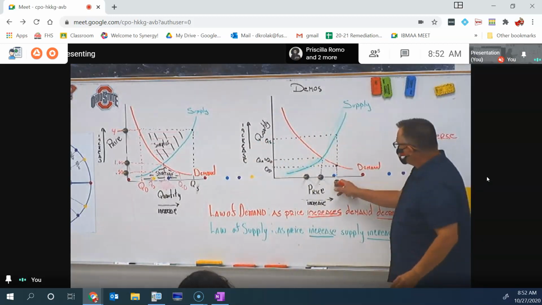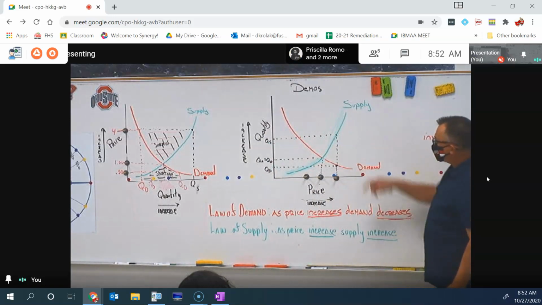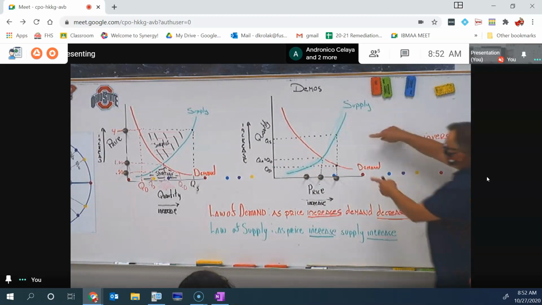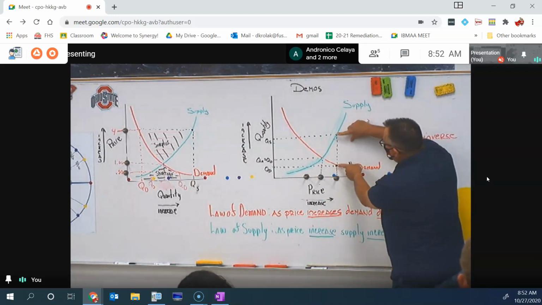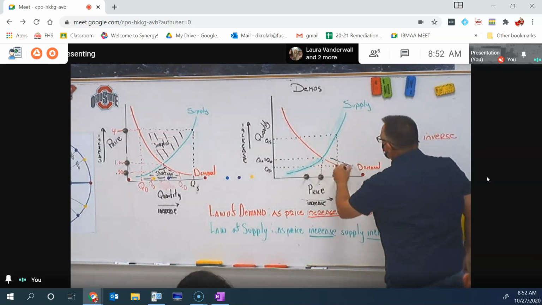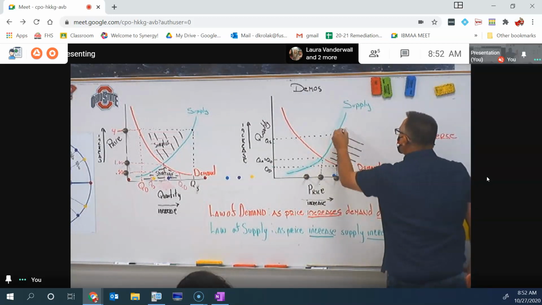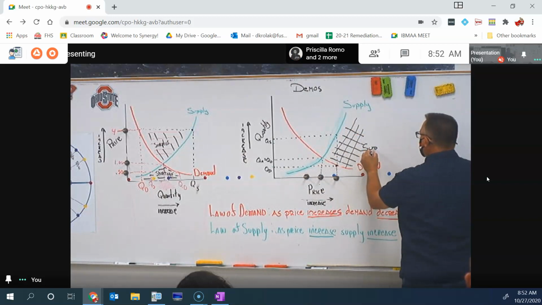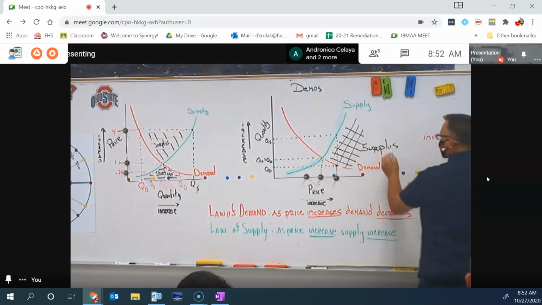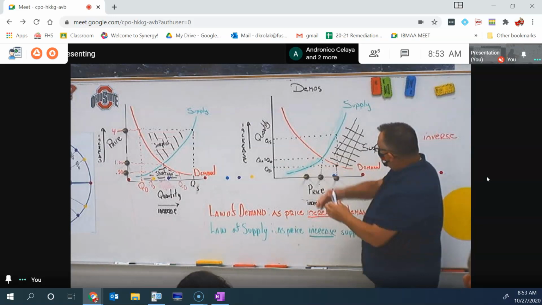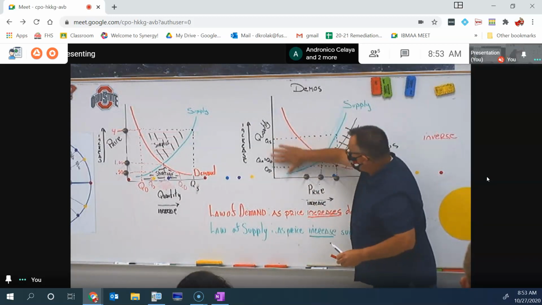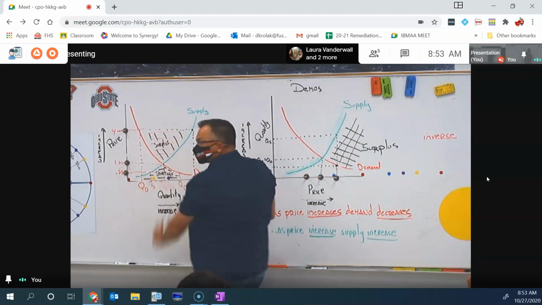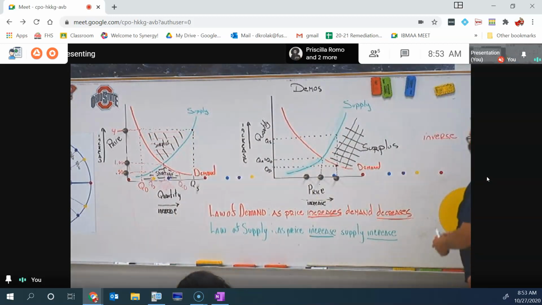Okay, so at this price, surplus or shortage. Yeah, so now the surplus is represented by this part of the graph. And your shortage would be this part of the graph. Because we switched X and Y. Okay.